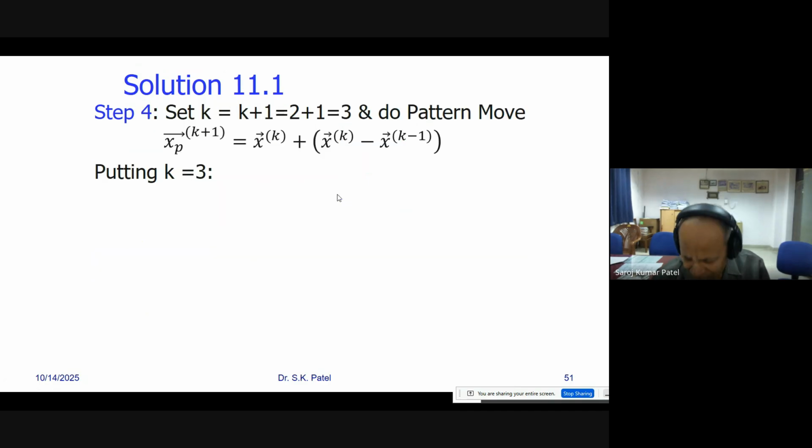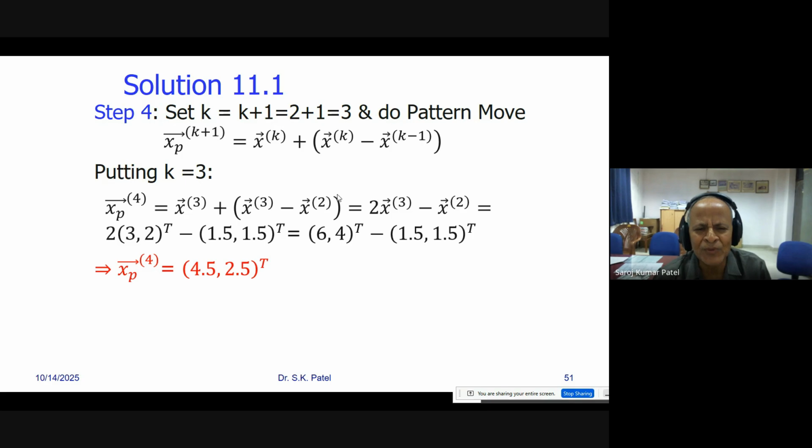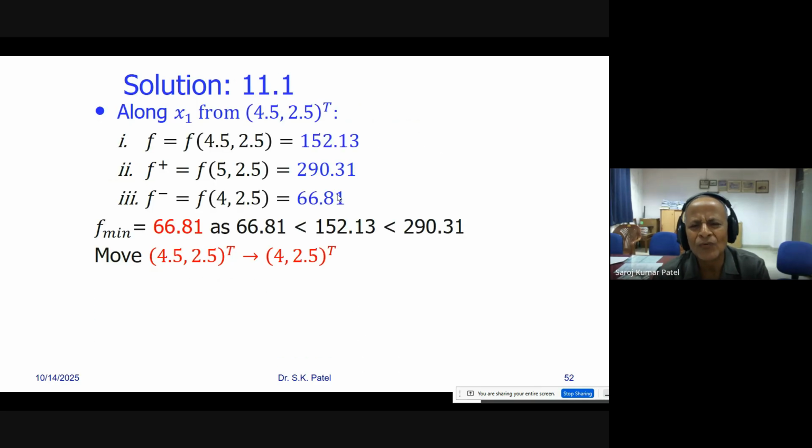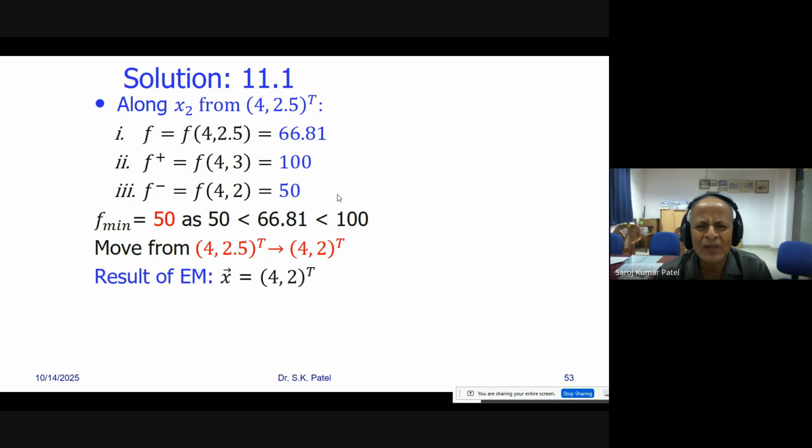Proceeding like this, we go to xp4 and get (4.5, 2.5). Then we do the exploratory move, we go to (4, 2.5). Here 66.81 is the minimum. Then at x2 we go to 4.2. So this is the end of this one.